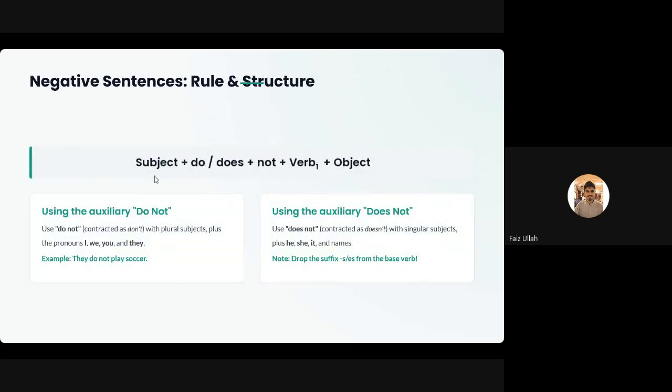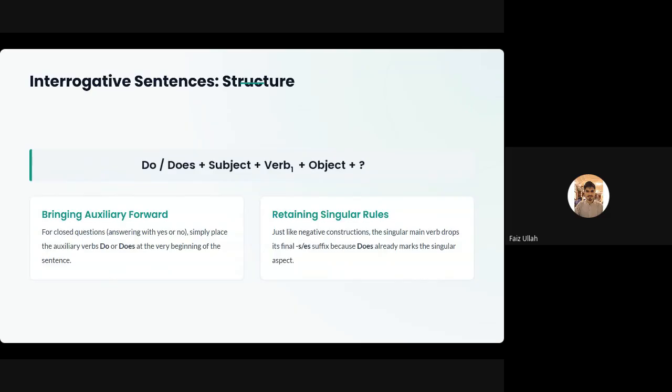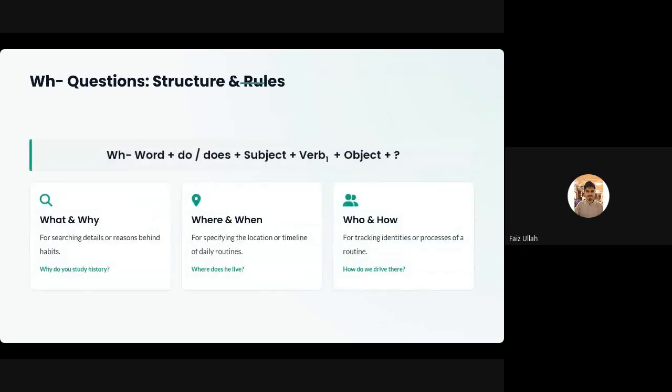Do not is used with I, we, you, they, and plural, and does not is used with he, she, it, and singular. For interrogative sentences, first of all, we use do or does at the start of the sentence, then subject, first form of verb, and object. And for WH questions, first of all, we start the sentence with a WH word, then we use do or does, subject, verb, and object.